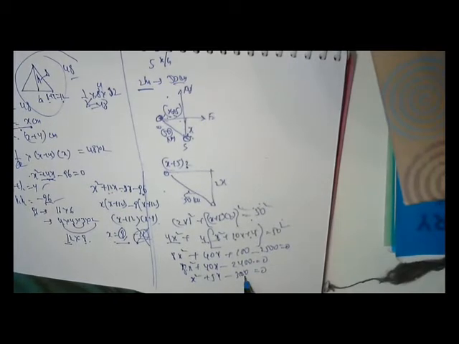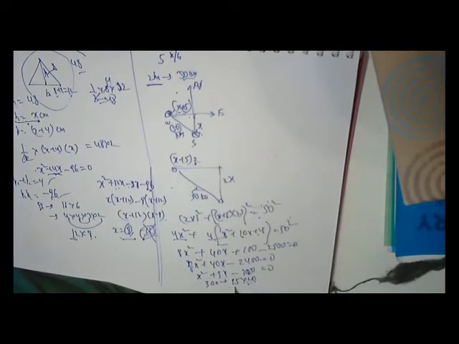So 300, what are the factors of 300? It can be written as 15 into 20. 15 2s are 30, 15 20s are 300. So the gap is 5. So plus 20 minus 15: 20 into minus 15 is minus 300, and 20 minus 15 is 5.